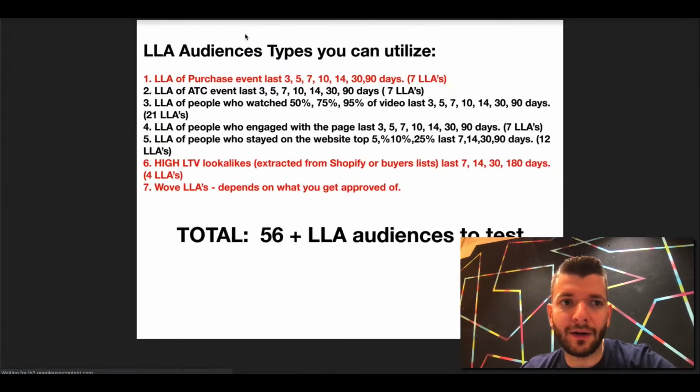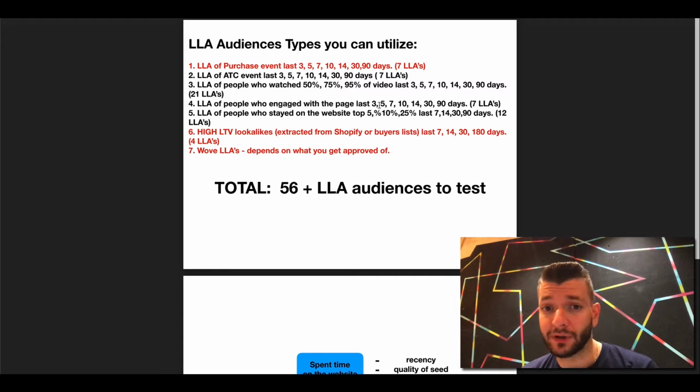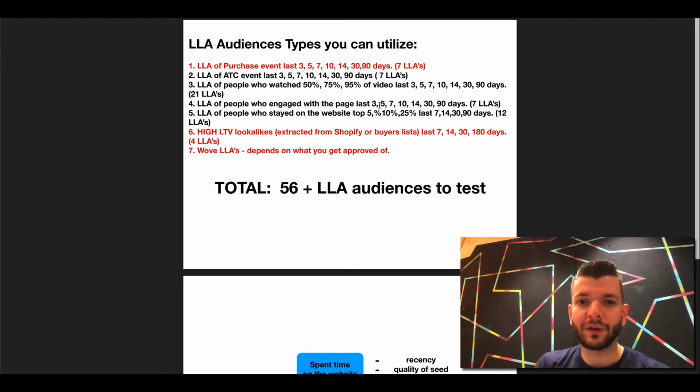Now, I'll show you the setup that you can use here. As you can see, these are variations of lookalike audiences, but they can also be variations of just audiences that you can retarget. For example, people who have purchased, or people who've added to cart. You can see different combinations of audiences, and there are so many just in this list.